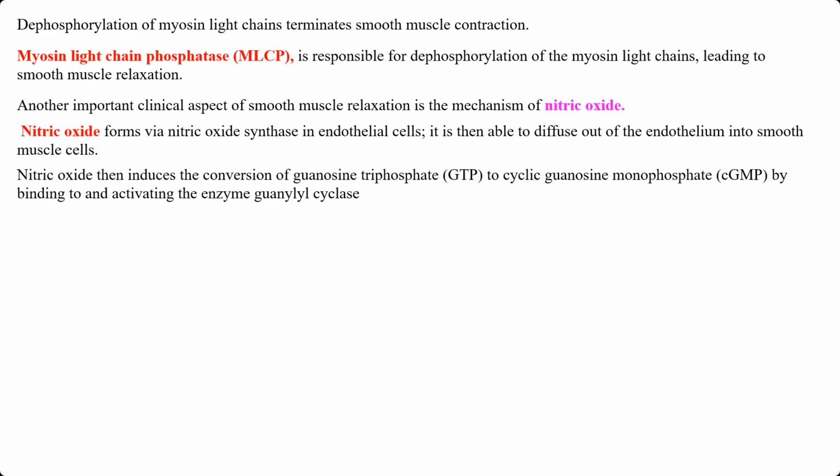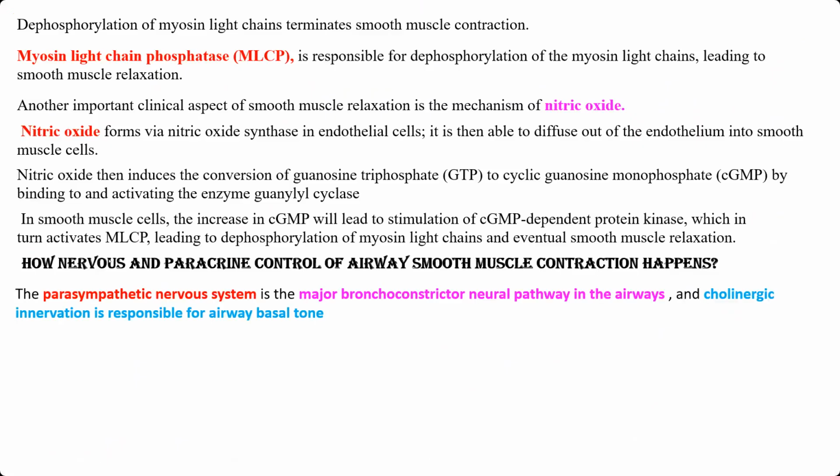Now, what is the nervous and paracrine control of airway smooth muscle contraction? The parasympathetic system is a major bronchoconstrictor neural pathway, all of us know, and cholinergic nerve fibers are responsible for basal airway tone.